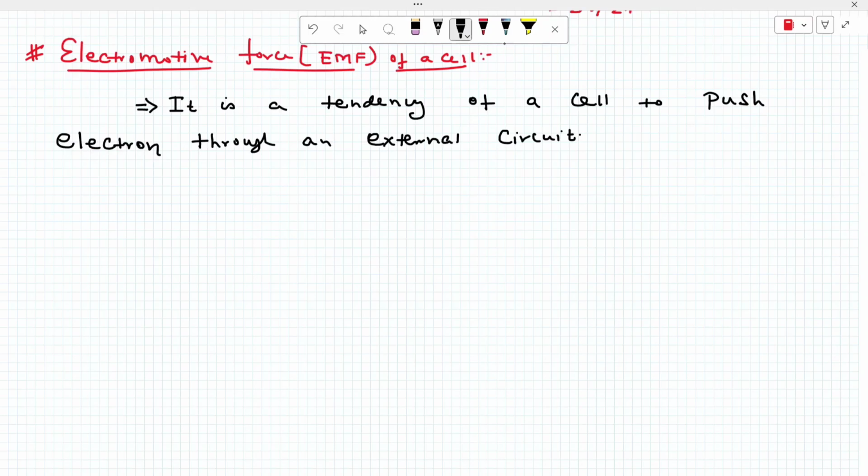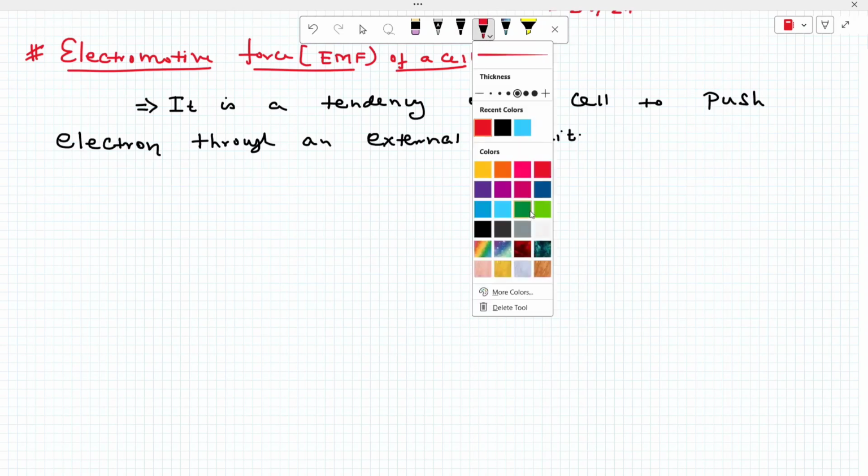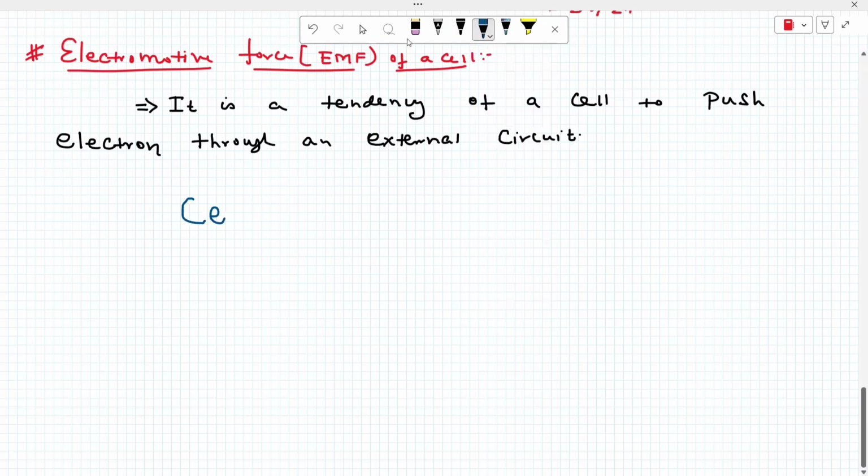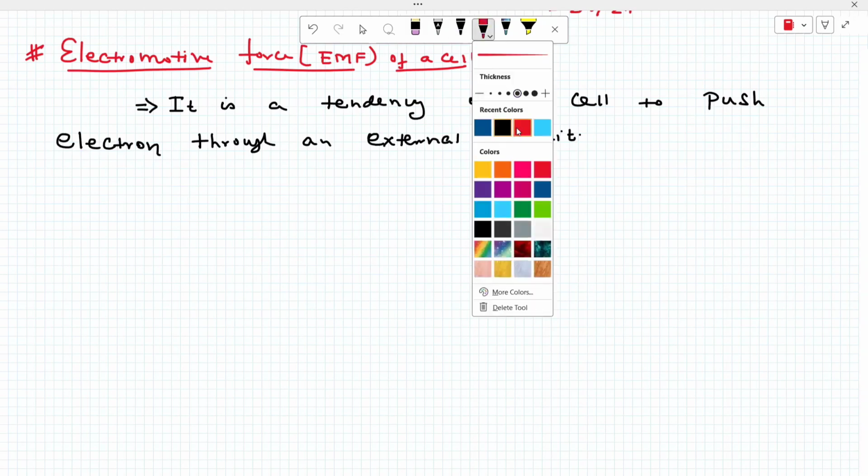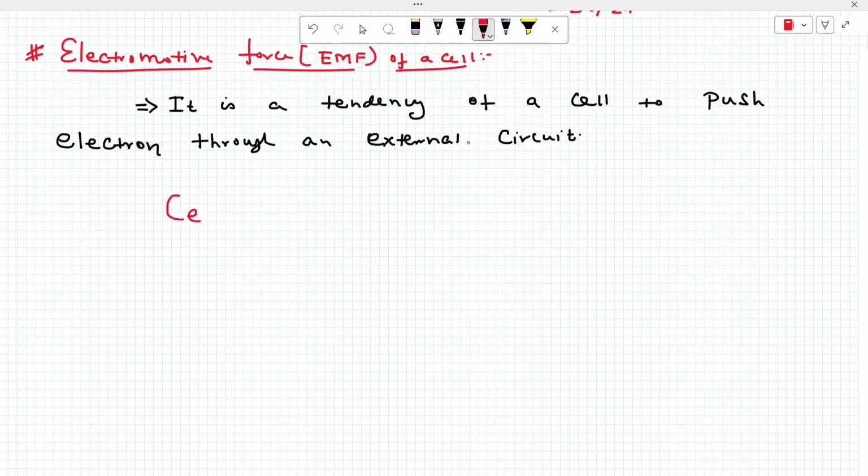Okay, listen. One is called cell potential, versus EMF. Students, both are same or different? Anyone?